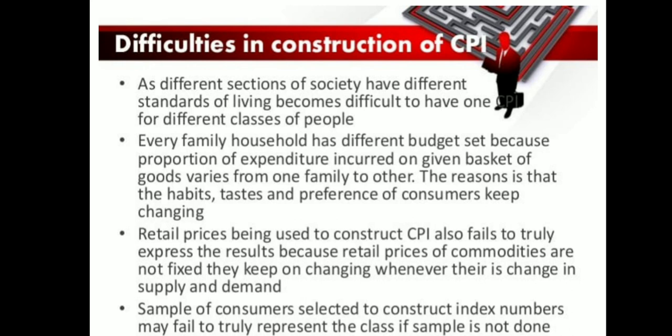Suddenly if there is any epidemic like corona, or any season or off season, in the season there will be a low price, and in the off season the value of the same commodity may rise. So there is a fluctuation. Due to the fluctuations, it is very difficult to construct the consumer price index.